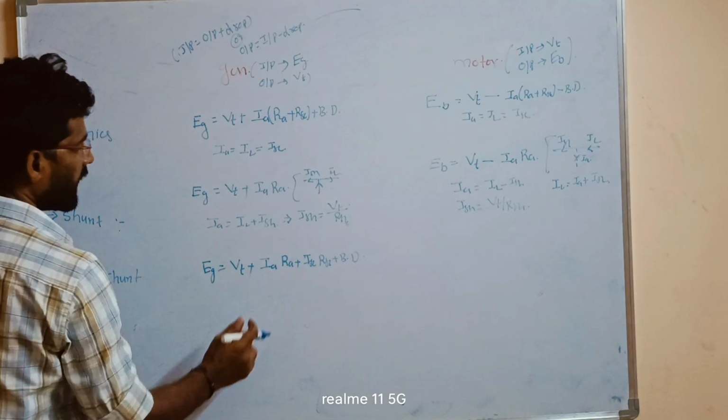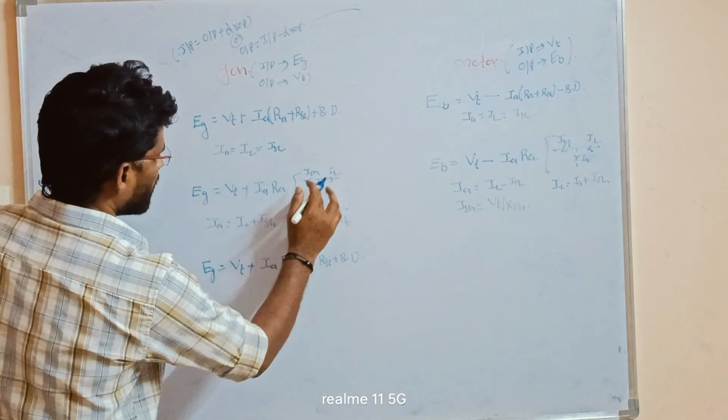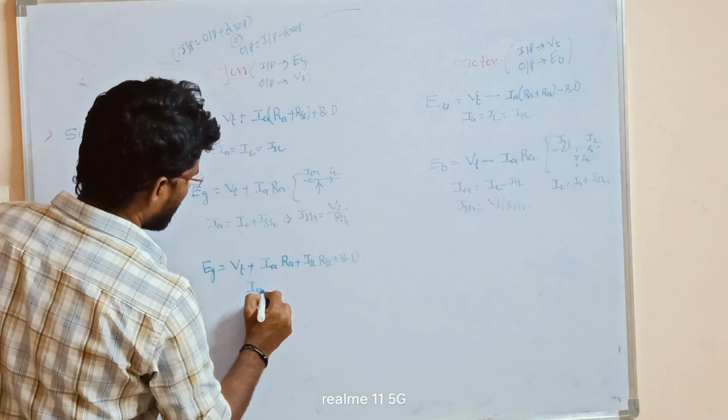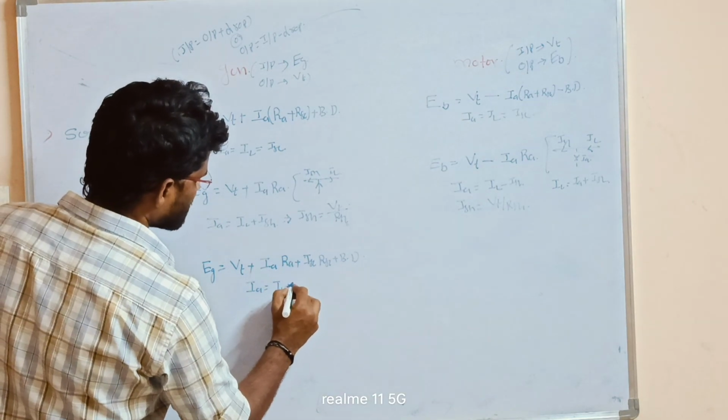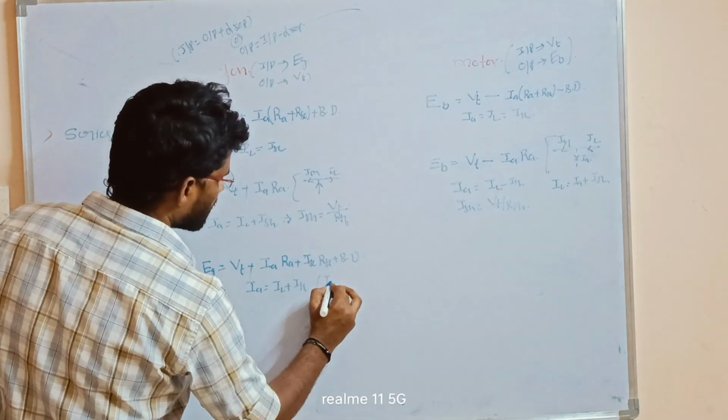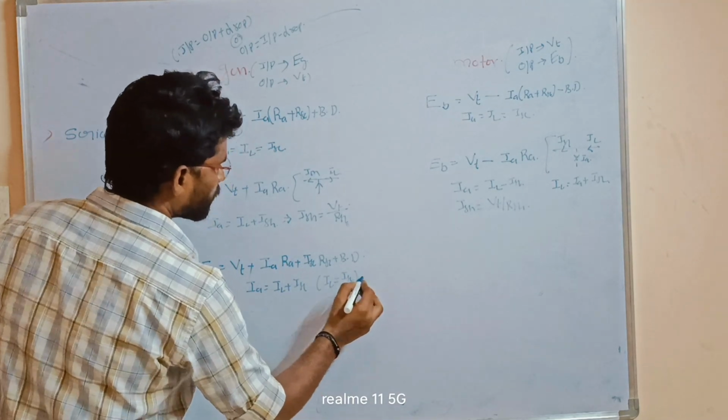Here IA must be the same, that is IA is equal to IL plus ISH. Here IL is equal to ISC.